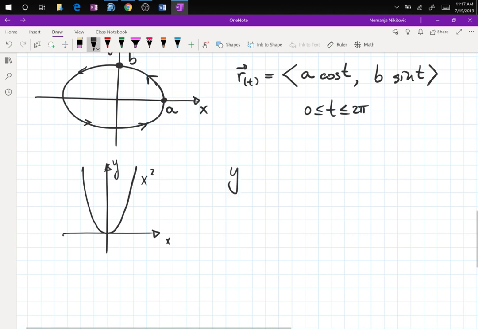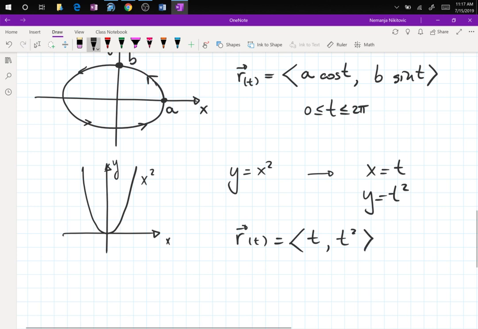Because your good old y equals x squared, you can use what we call a dummy variable here. So x equals t, and immediately y equals t squared, because if you plug in t equals x, you get x squared. So now your vector valued function r of t is, you list x first, which is just t, and then you list t squared. So that is just y equals x squared in a rectangular system.